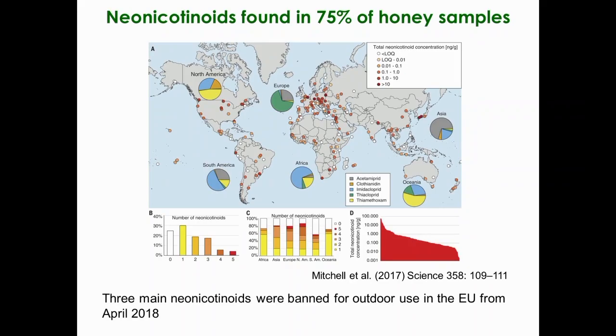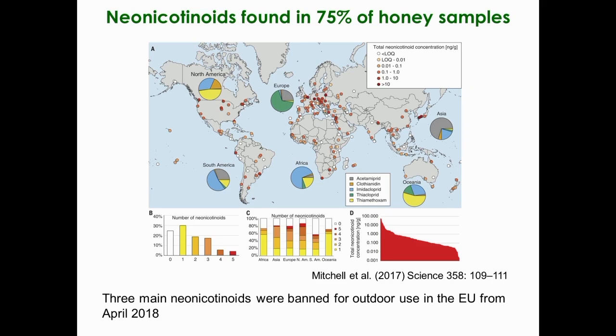Further evidence of this link between the introduction of these insecticides and the bee population crashes comes from studies such as this one, published a couple of years ago, which showed substantial abundance of neonicotinoids in honey samples themselves. Worldwide, this study showed that in a vast proportion, 75% of the honey samples analysed, there was presence of these neonicotinoids.